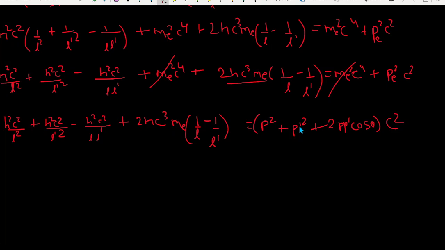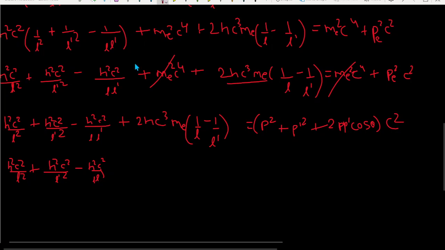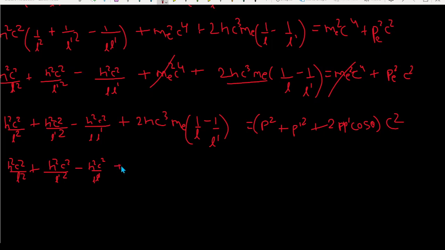So now what we can essentially do is: h square c square upon lambda square plus h square c square upon lambda dash square minus h square c square upon lambda into lambda dash plus 2hc cube m_e into 1 over lambda minus 1 over lambda dash is equal to the momentum of the photon.